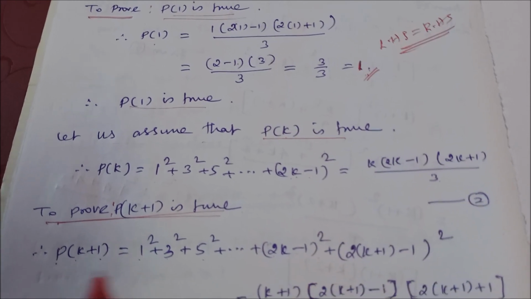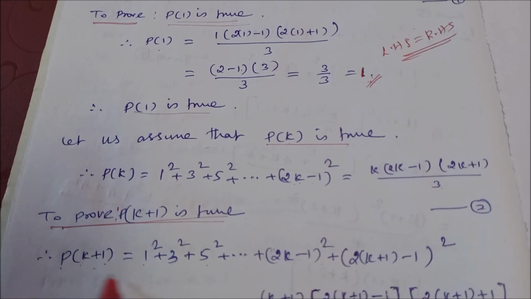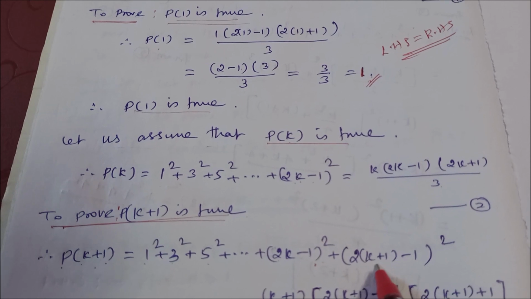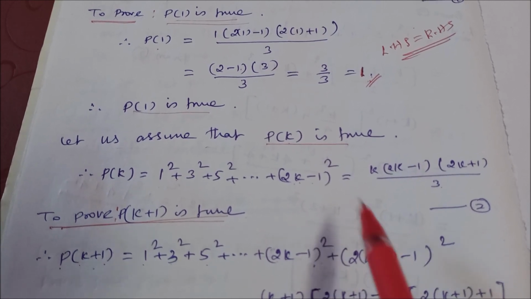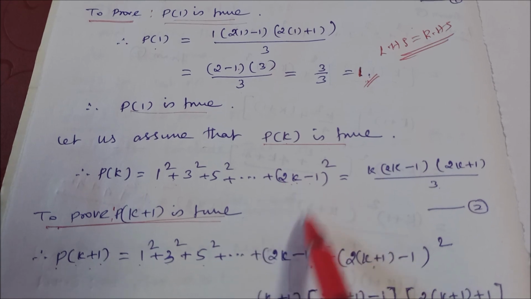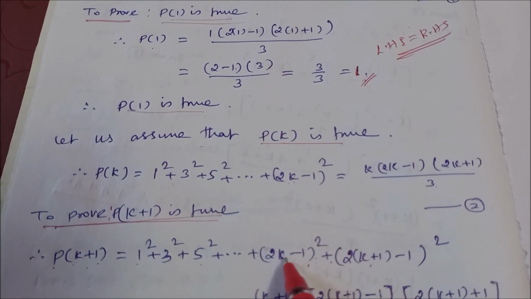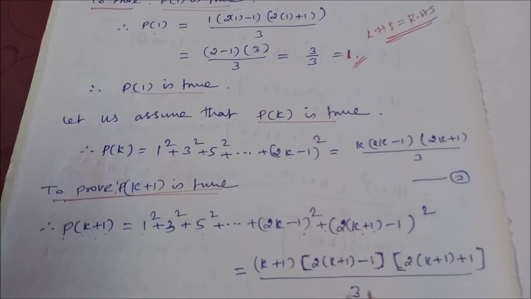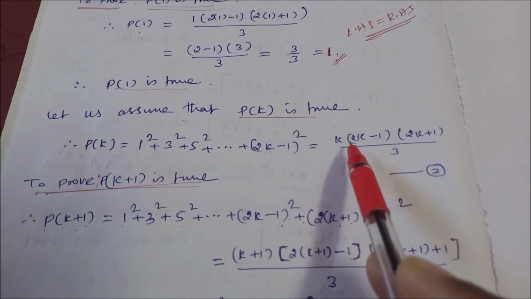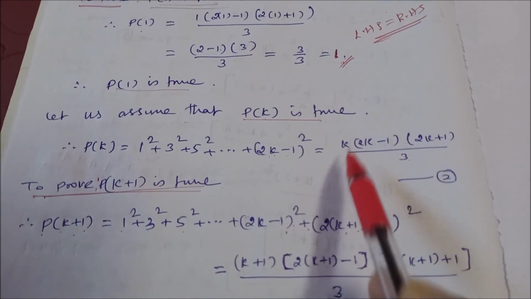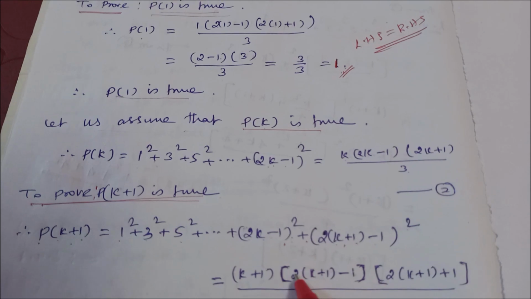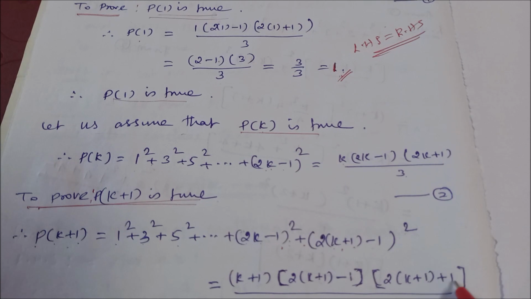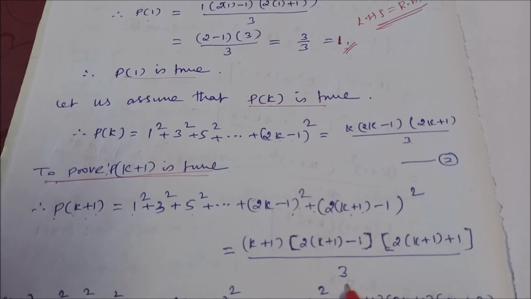It means that for the k plus 1th term, first we have to write out the kth term, 2k minus 1, and then the k plus 1th term, replacing k by k plus 1 minus 1. Then the RHS term we directly replace k by k plus 1: k plus 1 into 2 into k plus 1 minus 1, 2 into k plus 1 plus 1, divided by 3.